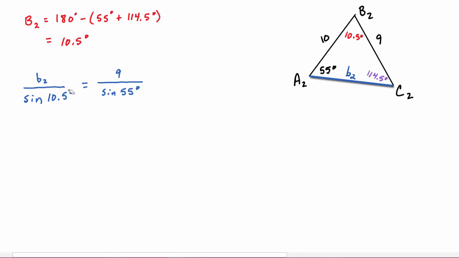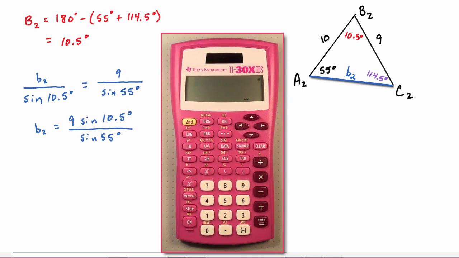We will need to cross multiply the sine of 10.5 up to the top. So we get B2 is equal to 9 times the sine of 10.5 degrees divided by the sine of 55 degrees. So let's enter that in our calculators.